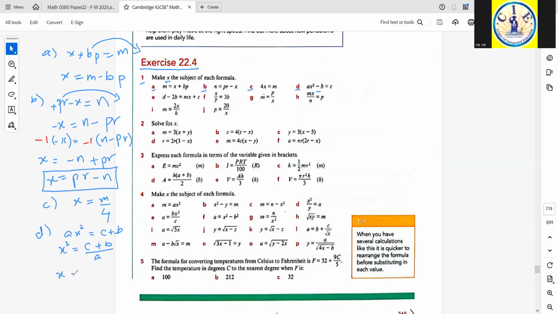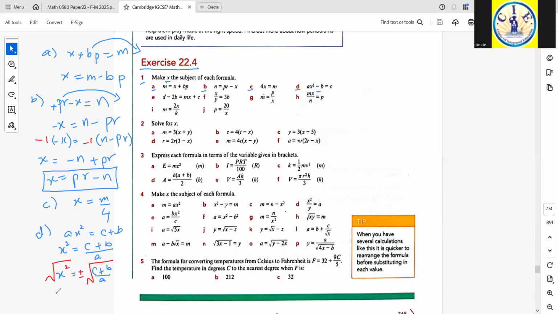And then the value of X squared is going to be C plus B divided by A. I need to vanish now this square sign. For that, I need to take the square root on both the sides. And when I take the square root, there is a plus and minus sign to be written on the right side.